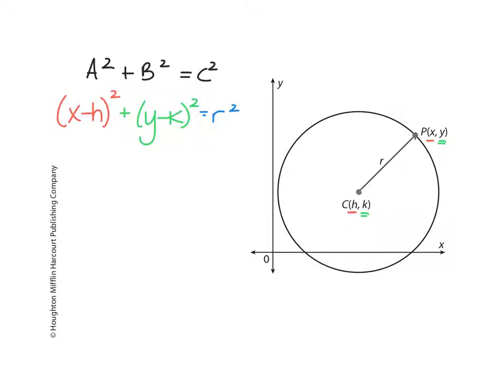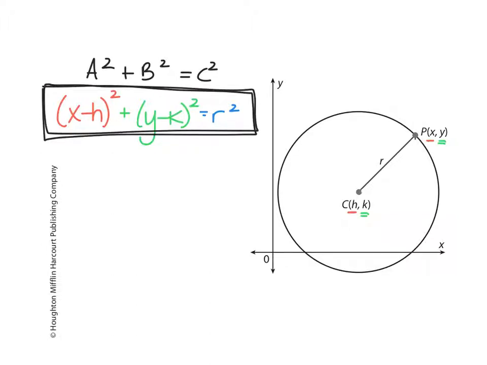So there is your formula for a circle. That's how we write all the equations of circles. And we just need to talk about what those things mean. So in your notes, you just need to remind yourself that h, k was the center of the circle. Notice that inside the formula, it looks opposite of what you think. So if h is at 7 in this formula, it's going to read x minus 7.